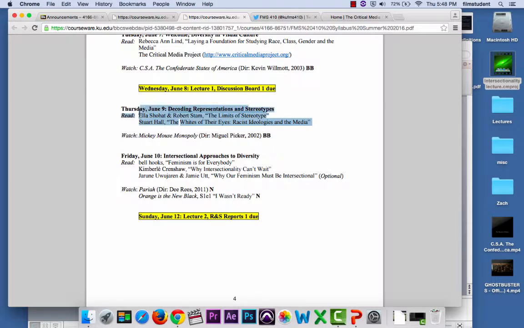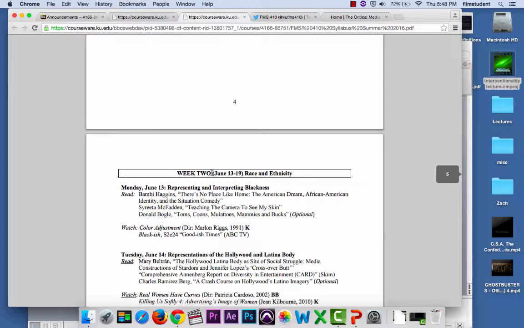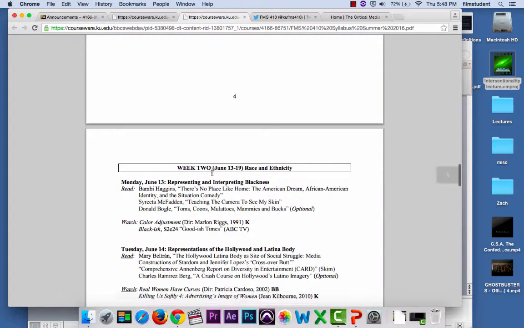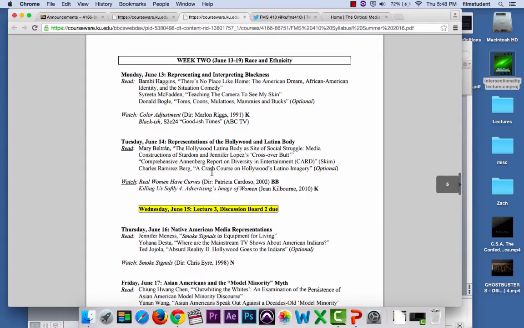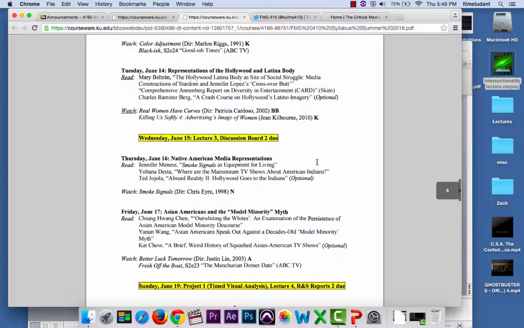For example, the readings due on Thursday are a little bit more dense, and as a result, they're only about 11 or 12 pages. But don't treat that lightly. They are tougher readings. Maybe later in the semester, the readings aren't quite as dense, maybe a few more pages. And you'll notice that we also have some optional readings if you're interested in a particular area that you might want to further develop for your final paper project, your 3rd project.